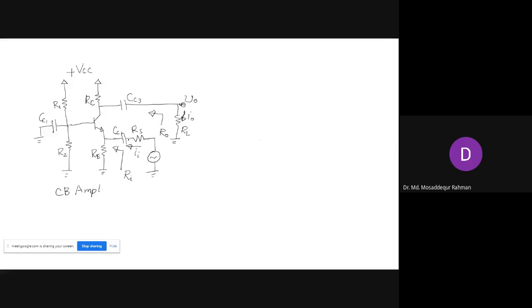Now we follow the same steps to do the AC analysis and determine the different circuit parameters.